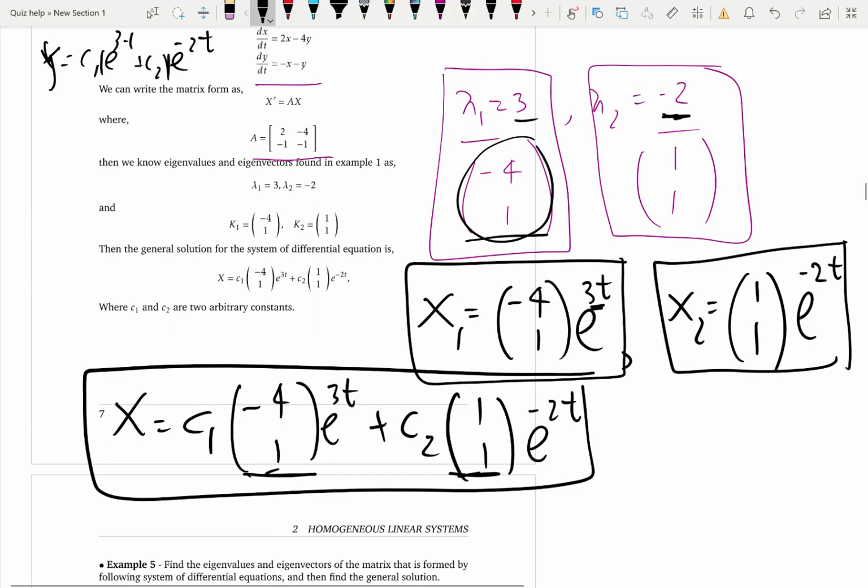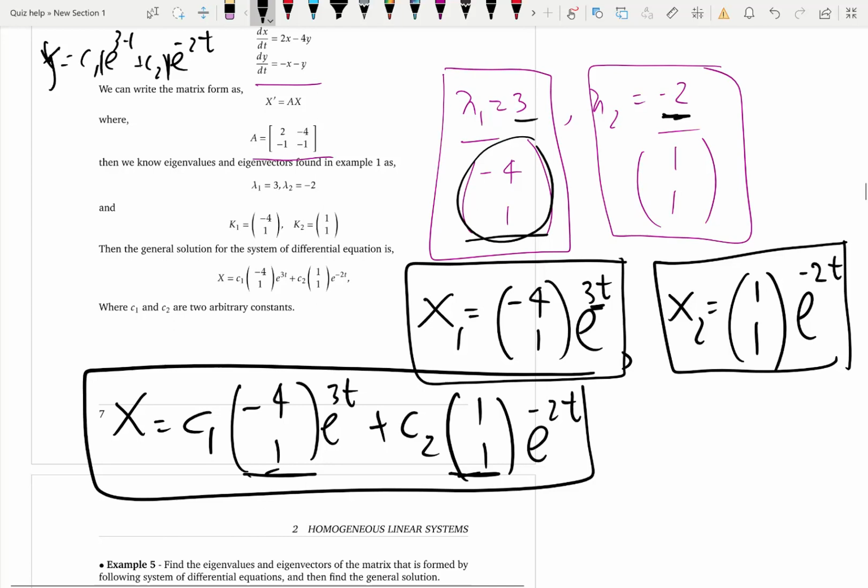So that's one difference between systems and the single differential equation, if you want to compare and understand it correctly. All right. So that is how we deal with distinct real eigenvalues. It's simple, right? But all the game is to find eigenvalues and eigenvectors. So solving a differential equation is the same question as find eigenvalues, find eigenvectors.